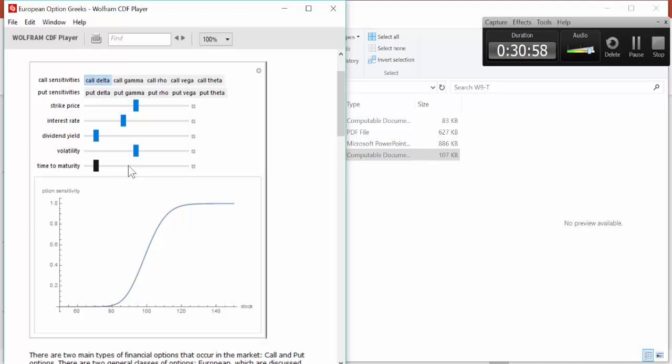You can see, like I said, a lot of the changes are really happening around this area. When the option is very, very deep in the money, delta doesn't change much. It just stays close to 1. Or when an option is very, very deep out of the money, it also doesn't change much. It just stays close to 0.